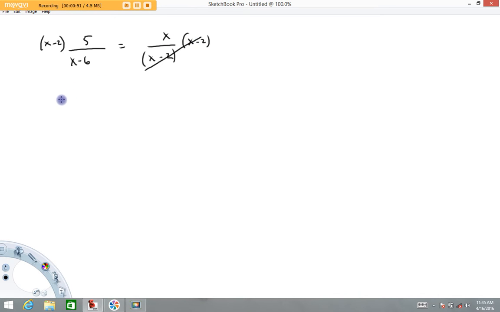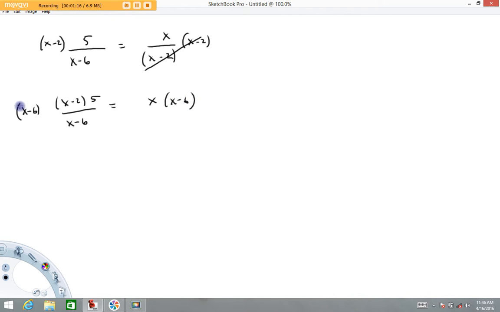So on the left-hand side, we would have x minus 2 times 5 over x minus 6 equals x. Right, and you notice the fraction is now gone on the right-hand side. Now we take a look at the left, we see another fraction here, and it's got an x minus 6 in the bottom. So one of the little tricks we can do is multiply both sides by x minus 6.